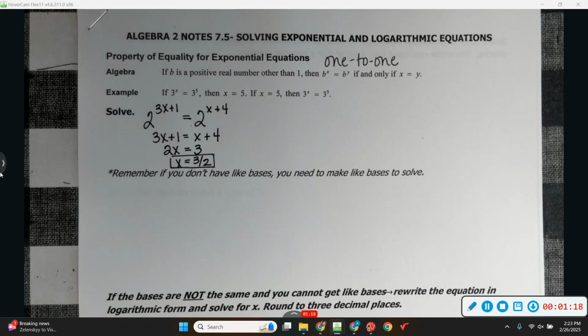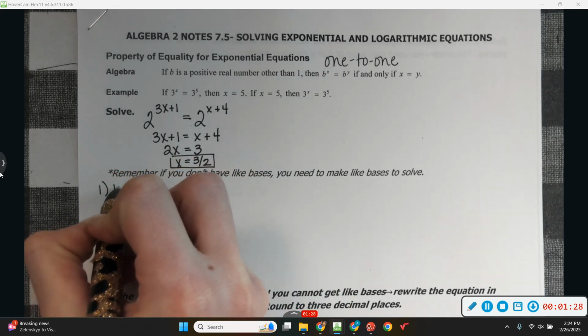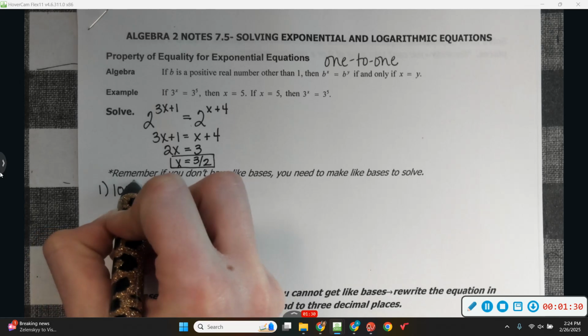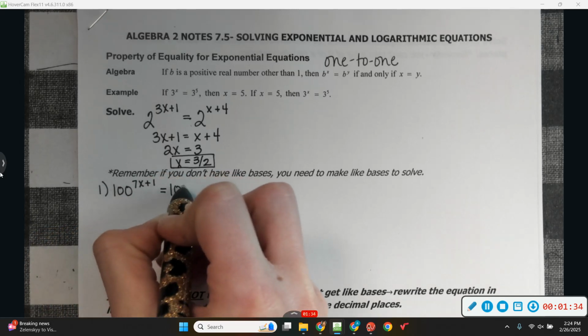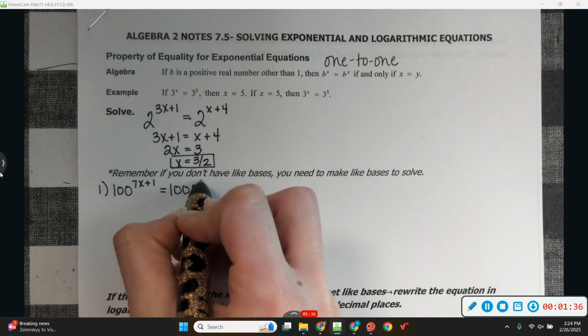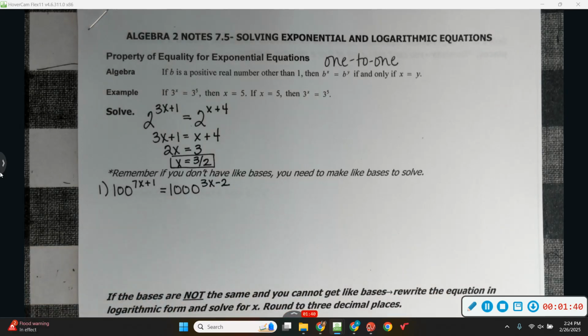So remember that if you don't have like bases to start with, you need to make like bases, which we have done before in chapter 6. So for our first example, 100 raised to the 7x plus 1 power equal to 1000 raised to the 3x minus 2 power. 100 and 1000 are not like bases, but I can manipulate both of these to have a base of 10.